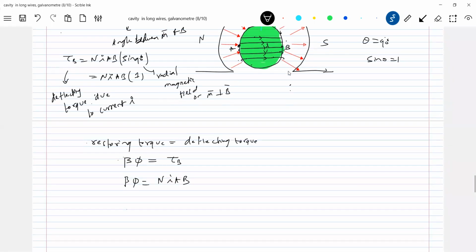So what is the formula now? Current equals beta by NAB, into phi. What is phi? Phi is the deflection of the loop or pointer. From where is this restoring torque produced? By the spring.